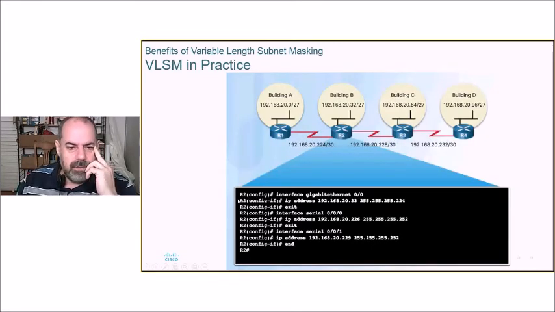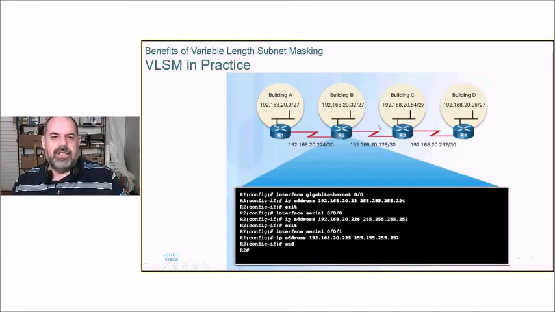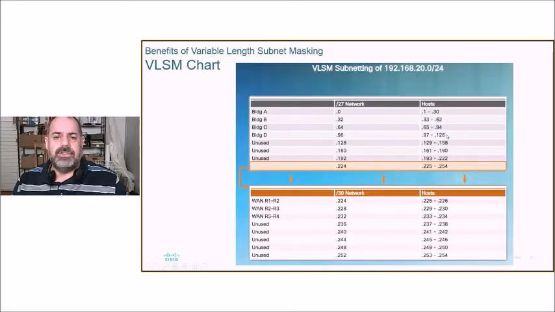On router 2, which is here, we define the subnet for those networks that need 30 hosts with that 224. And then here, with the serial links going on either side, they only need 2, so they've got the /30 there. A lot more efficient way of doing things. I will actually do a demo later, and we'll work through some of these issues.